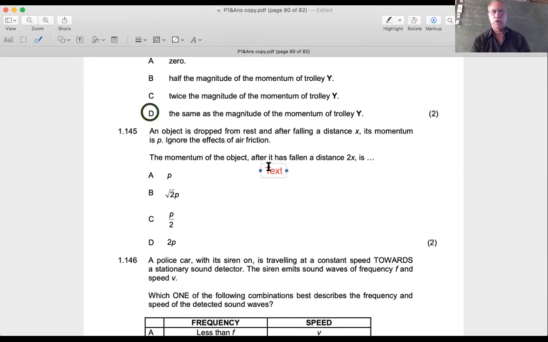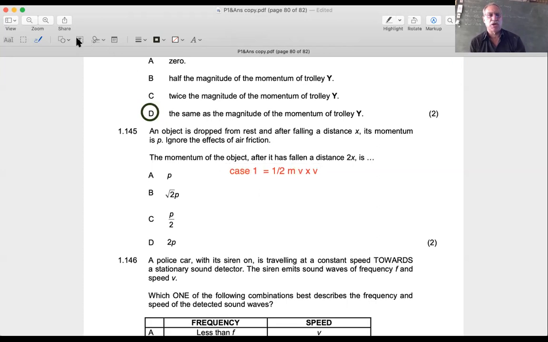So case 1 equals half mv times v, half mv squared. So that is when it's fallen a distance x.